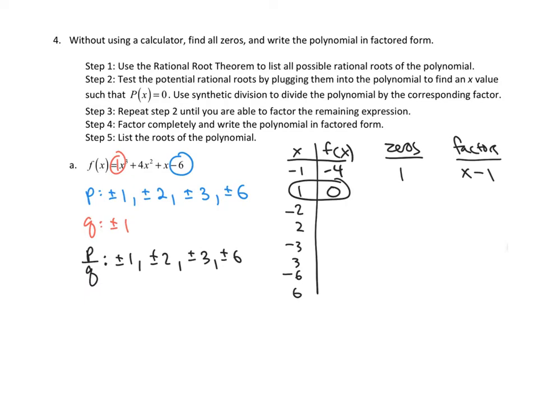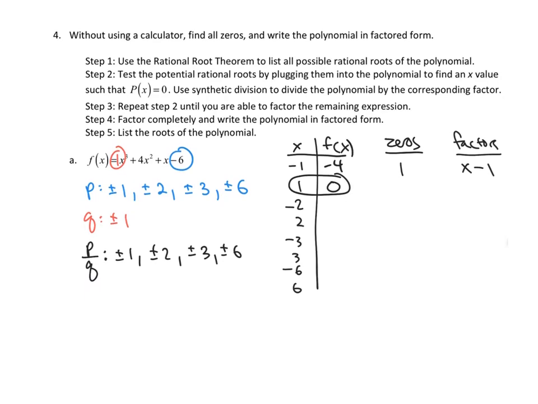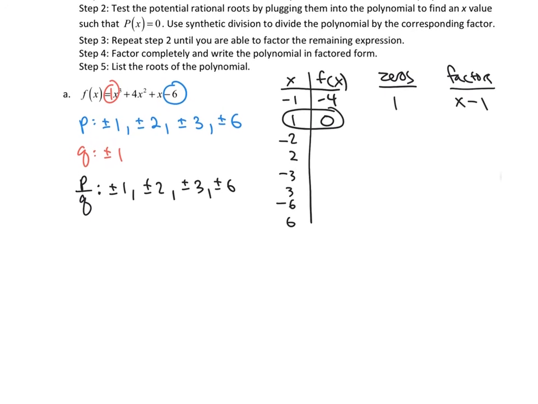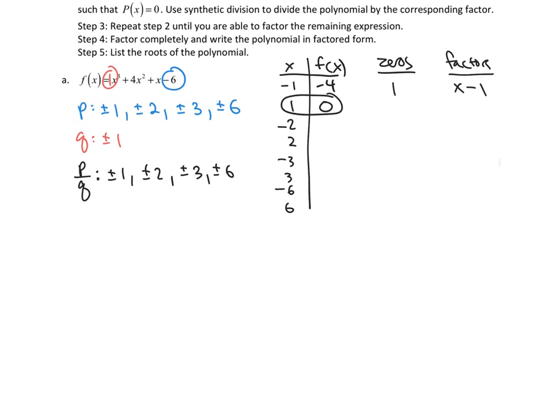So if my goal is to write this in factored form, I already know that I can start with f of x equals x minus 1 times something else. I don't know what.